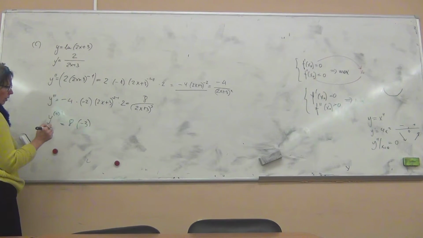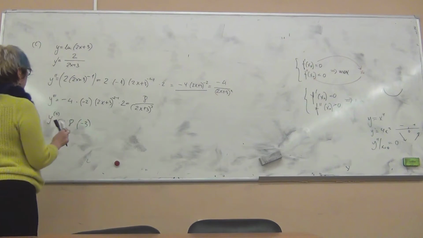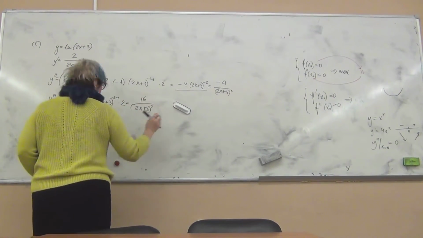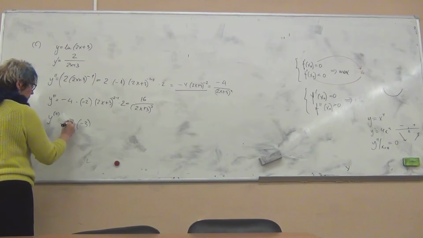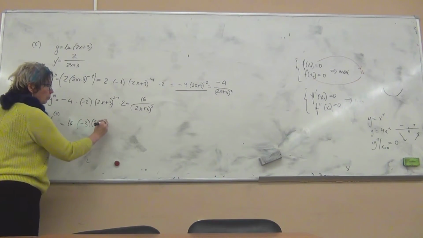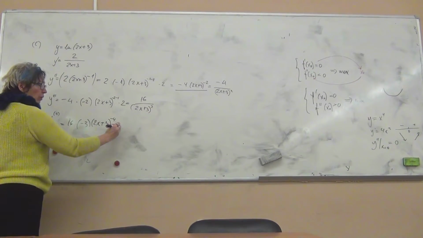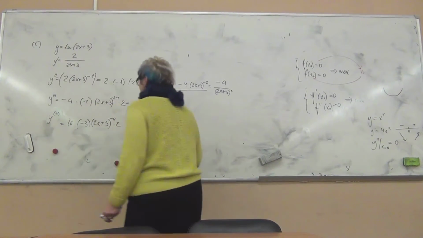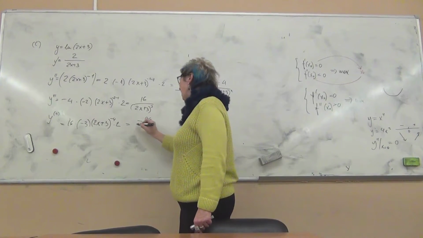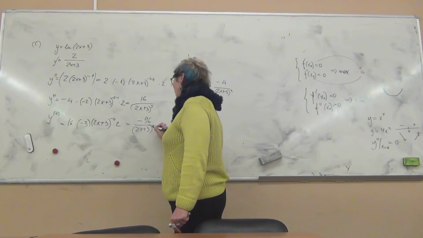It will be 16. No, 8. Sorry, yes, 16, because we had 16 here. Times minus 3, 2x plus 3 to the power minus 4, times 2 again. So now we have minus 48 times 2, 96 over 2x plus 3 to the 4th.